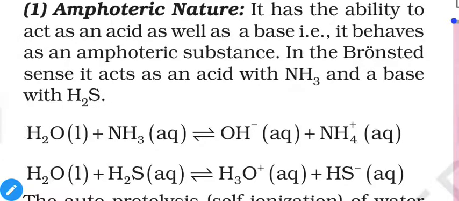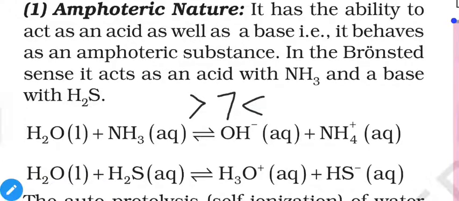Or in a simple manner, we can say that the pH of water is 7. So if you have any compound which has less than 7 pH, then it will act as acid with water, and if you have any compound which has more than 7 pH, then it will act as base with water.